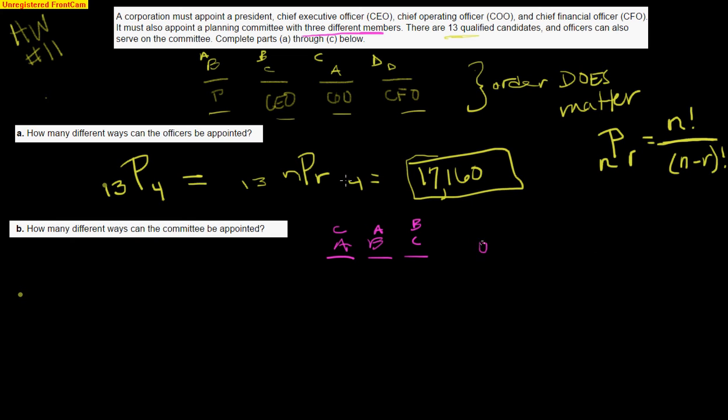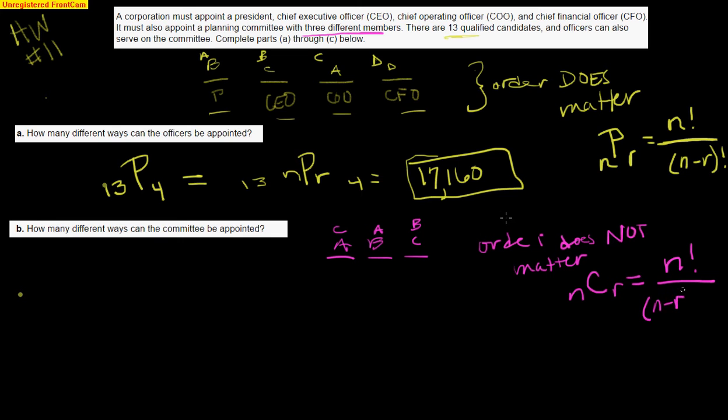So order does not matter now. So we just have to remember, when order does not matter, we get the n choose r. It's a combinations problem. The formula is exactly the same as the permutations, except we have n minus r factorial in the denominator, but we also have times that r factorial.